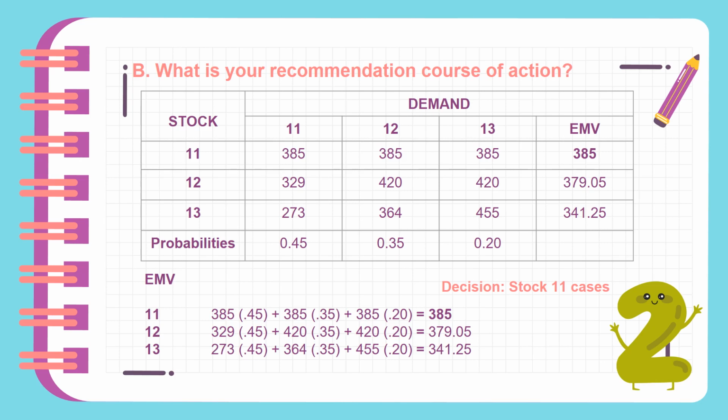So our decision would be based on the alternative with the highest EMV, the highest expected monetary value, which is stock 11 with the amount of 385. So the recommended course of action that we would take would be the stock 11 cases.